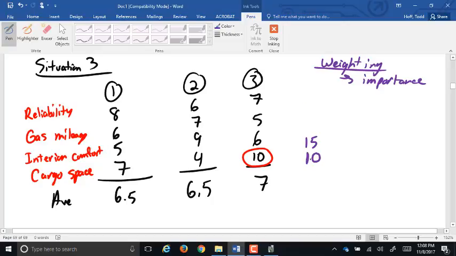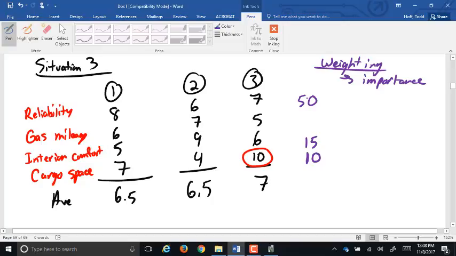Well, we're just trying to say how important it is. If you're saying cargo space is worth 10 points, how many points would you put on reliability? Let's just throw 50 points on there, because that's saying it's a lot. It's 5 times more important than the cargo space.